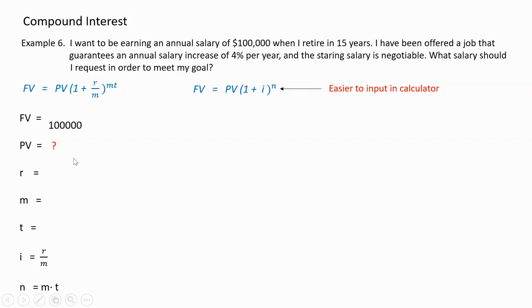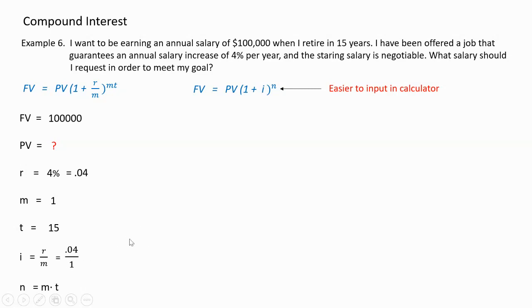The future value is going to be my 100,000. My interest rate is going to be 4%, which will be 0.04. My M is going to be annually, so the M is going to be 1, because it's an annual salary. My T is going to be 15.